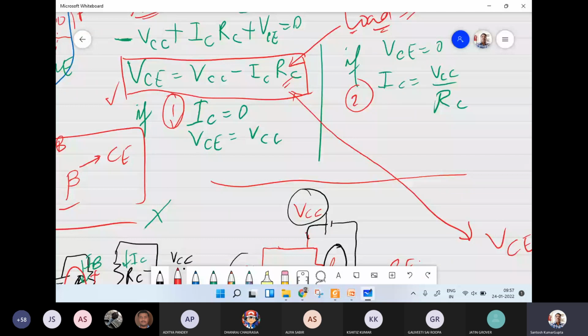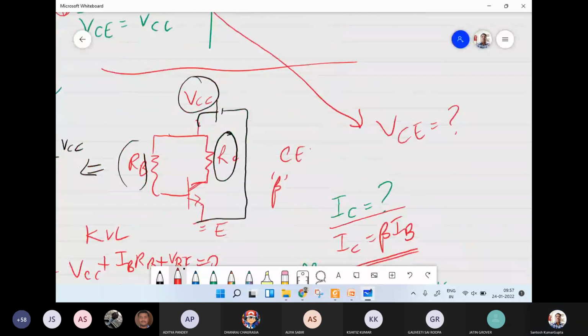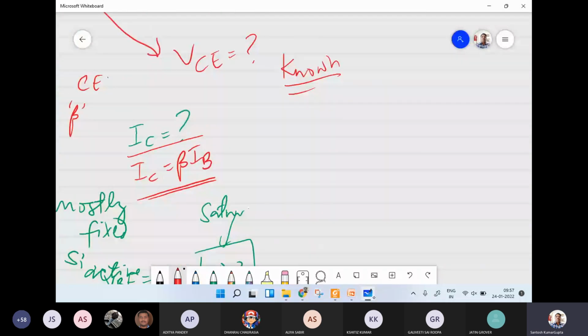Once it is known to us, RC is already given. So VCE can be found. Okay. So VCE is now known to us. Okay. So what did we find? We found IB. From IB, we found IC. And from here, we found VCE.